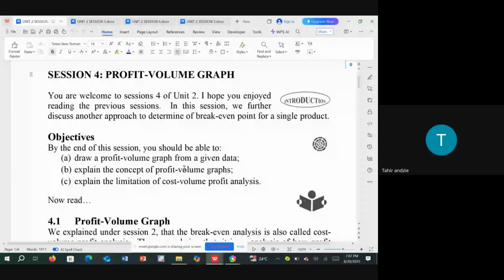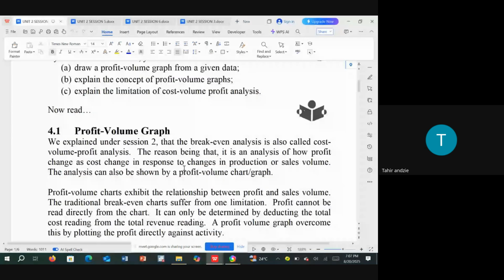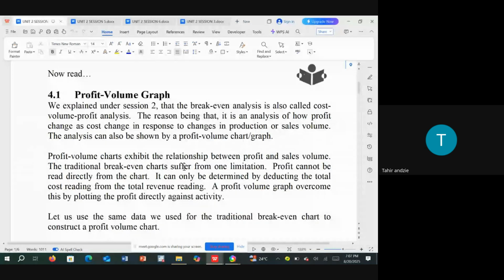By the time we finish discussing, you should be able to draw a profit volume graph from given data, explain the concept of the profit volume graph, and explain the limitations of cost volume profit analysis. Okay, so let's look at the profit volume graph.